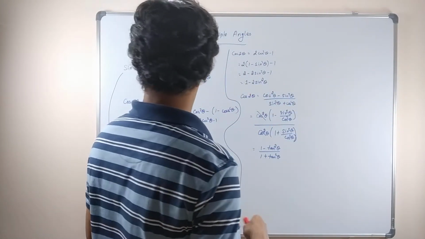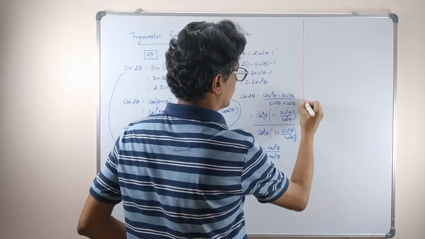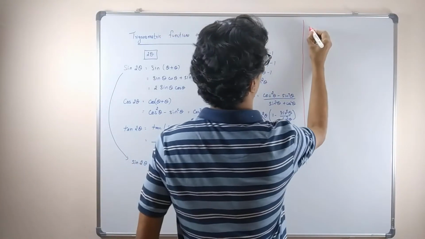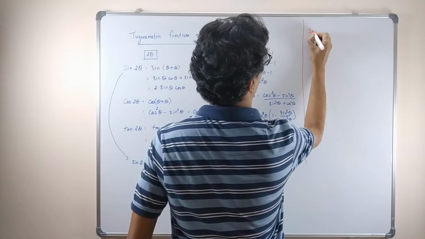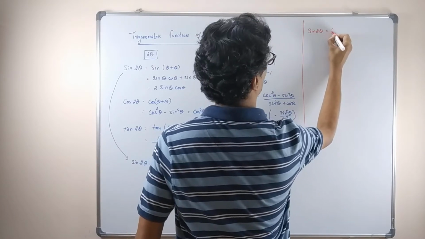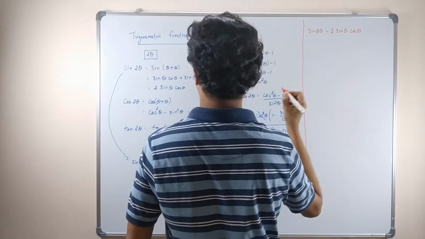Okay, fine. So let us write down these identities. You can use different colors. Okay, so sine 2 theta equal to 2 sine theta cos theta. This is the one formula.